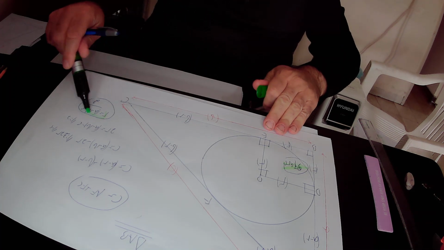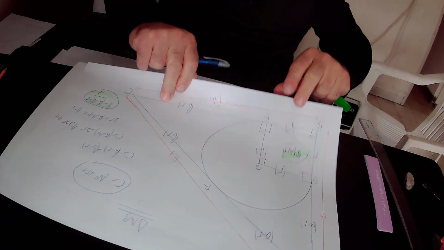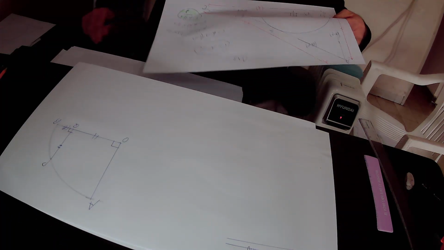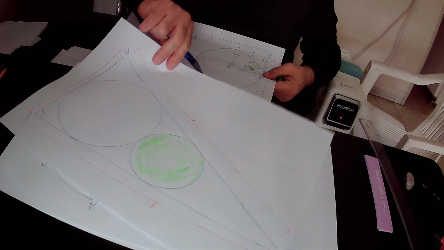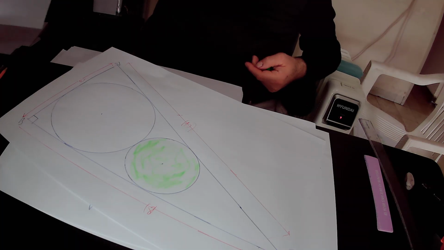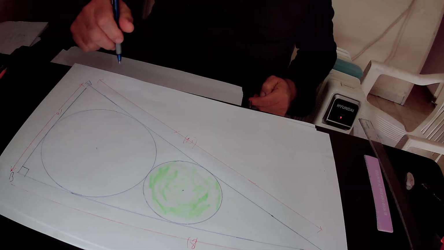So we use the new formula in order to find out the radius of this circle that is described by the right angle ABC.